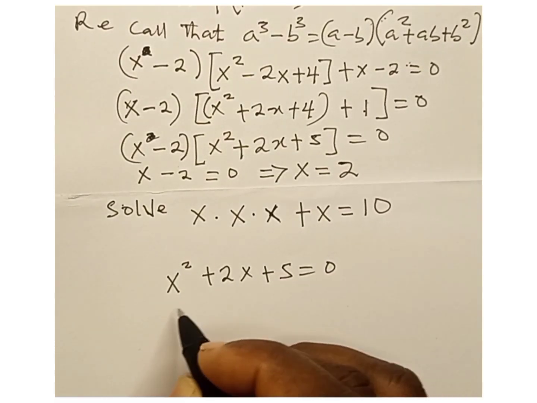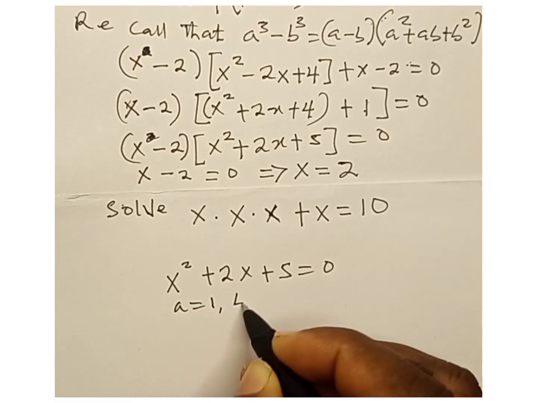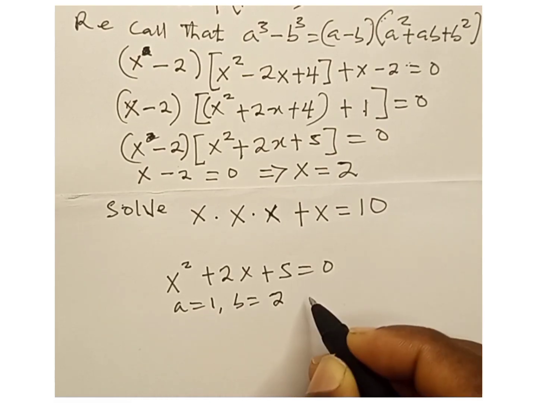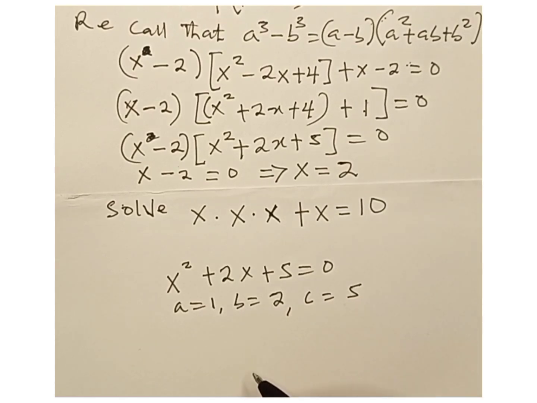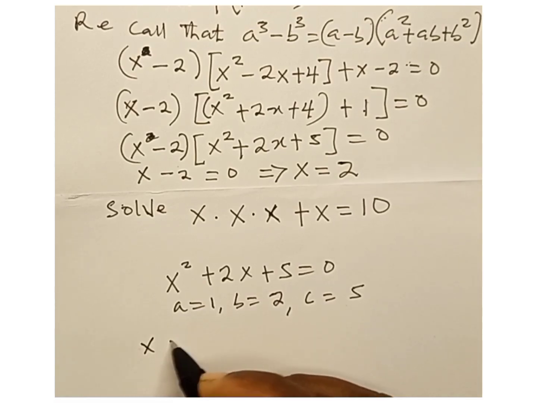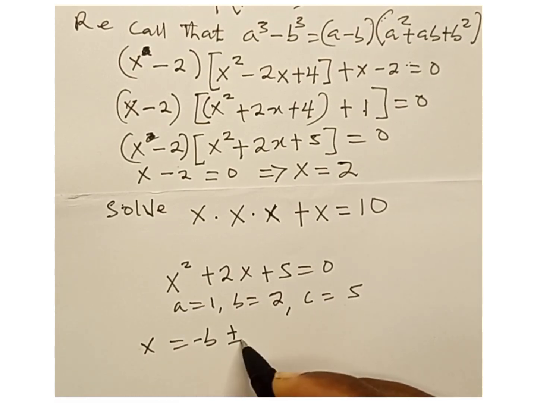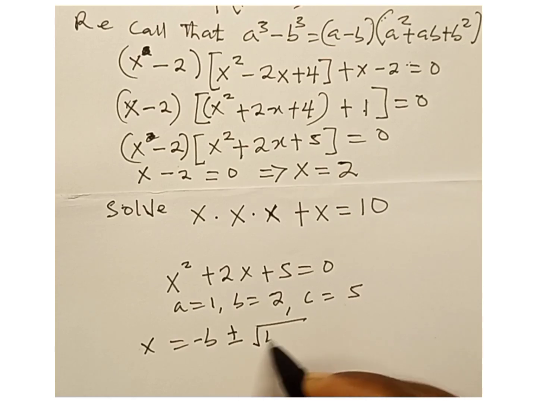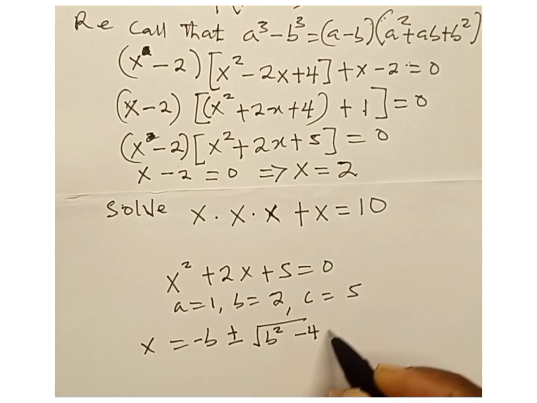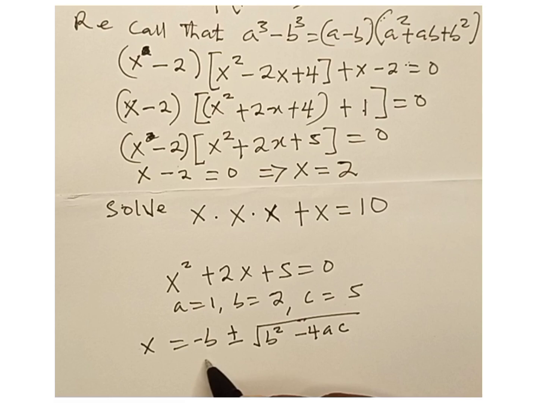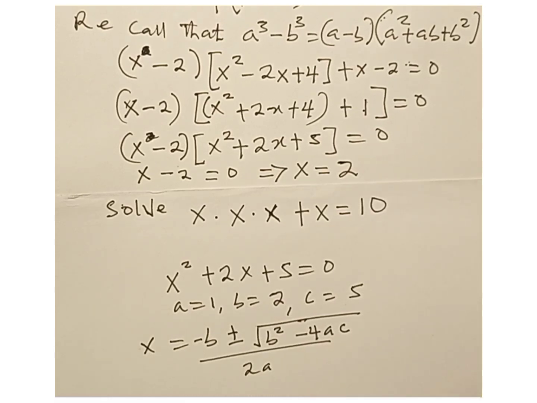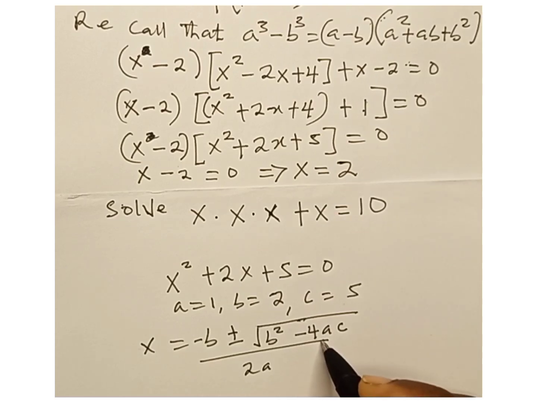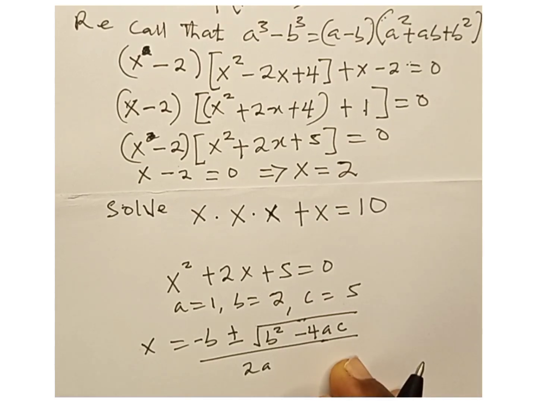Here, a equals to 1, b equals to 2, and c equals to 5. So if we write our almighty formula now, which says x equals to minus b plus or minus square root of b square minus 4ac all over 2a. So if we apply this almighty formula, what are we going to have now?